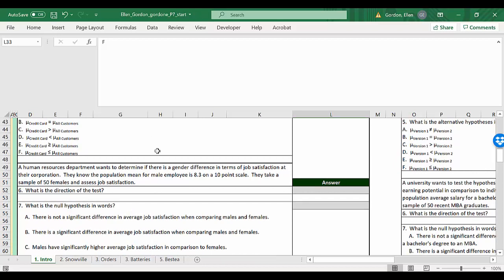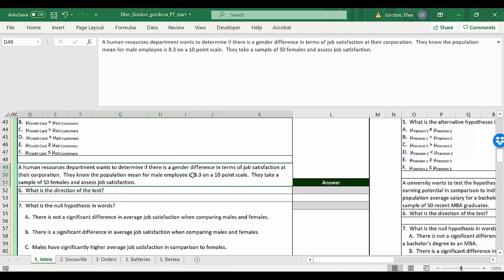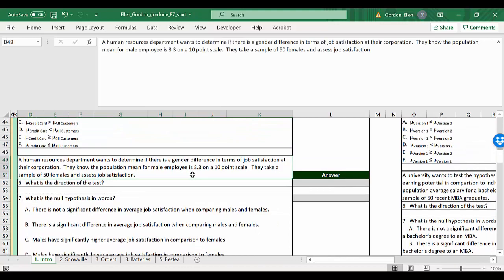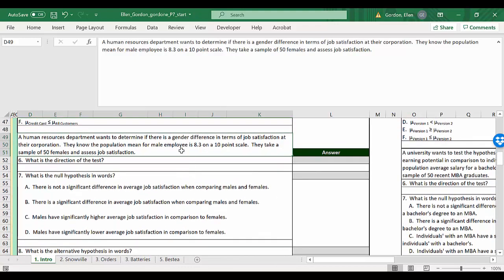The next question, a human resources department wants to determine if there is a gender difference in terms of job satisfaction at their corporation. They know the population mean for male employees is 8.3 on a 10-point scale, and they take a sample of 50 females and assess job satisfaction. All right, so what is the alternative or research hypothesis? There's nothing in here where they think that males have higher job satisfaction or females have higher job satisfaction.